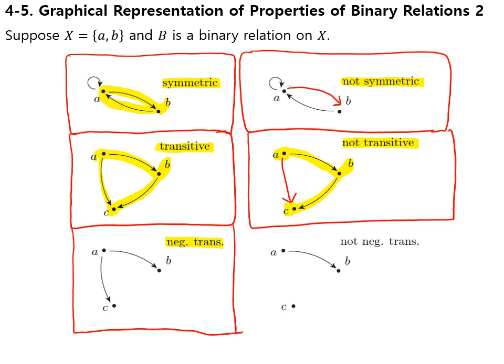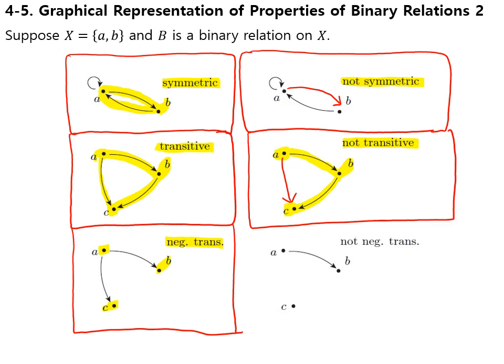There's no relation from C to A, and there's no relation from B to A, and we can also see that there's no relationship from C to A as well, right? And also you can see that there's no relationship from B to A. Yes, that's the case. Okay. No relationship from C to A, so the antecedent is not met there.